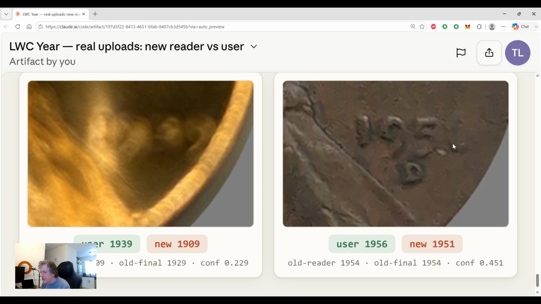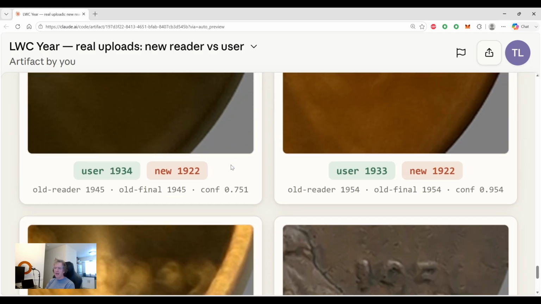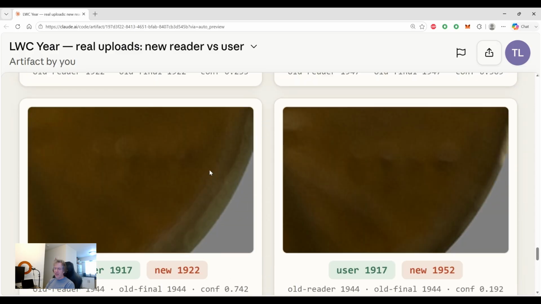I think 1 is defensible here, but I could see maybe it's a 6 that's been worn down. So I don't really fault my AI for that, although we might be able to get that improved as well. But a lot of these, the images are so bad they just can't be dealt with.